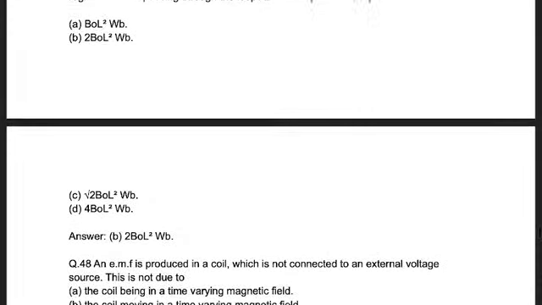Question number 48. An EMF is produced in a coil which is not connected to an external voltage source. This is not due to option A, the coil being in a time varying magnetic field, B, the coil moving in a time varying magnetic field, C, the coil moving in a constant magnetic field, D, the coil is stationary in external spatially varying magnetic field which does not change with the time.